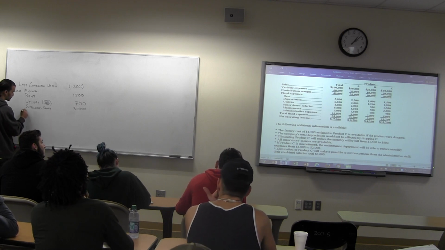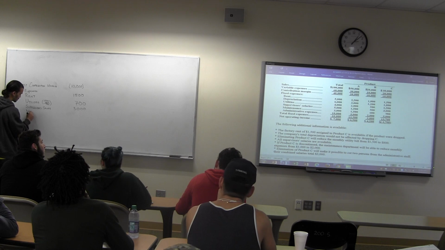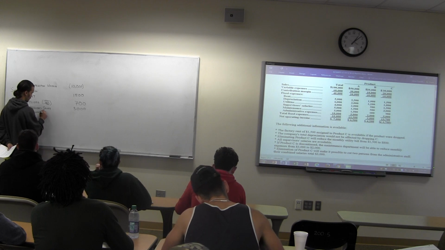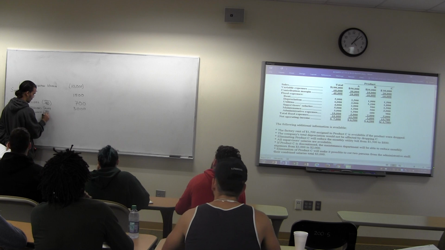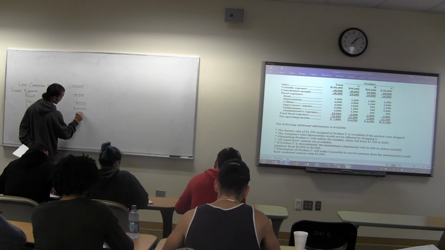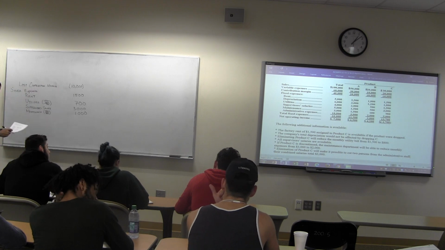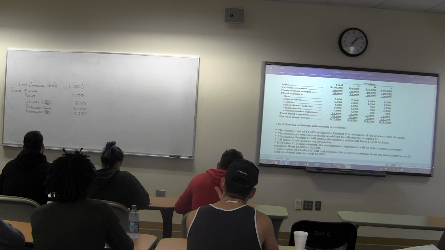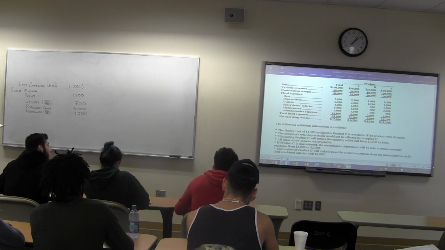So elimination of product C will make it possible to cut 2 persons from the administrative staff. Their combined salaries total $3,000.